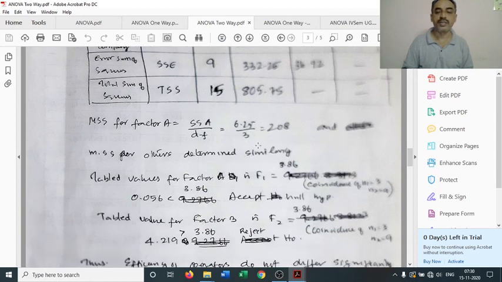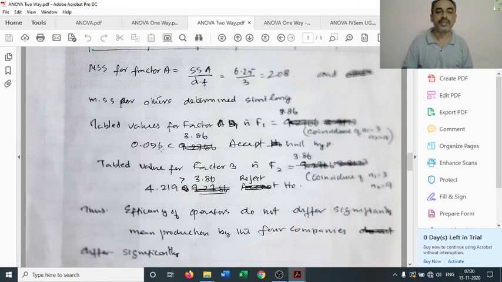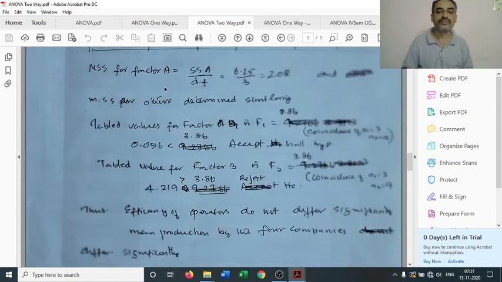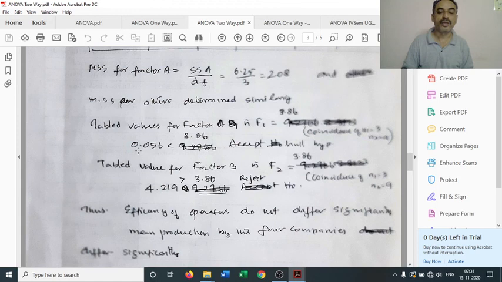For FA, this is the value 0.056, that is 2.08 divided by 36.92, and FB is 4.219, that is 155.75 divided by 36.92.